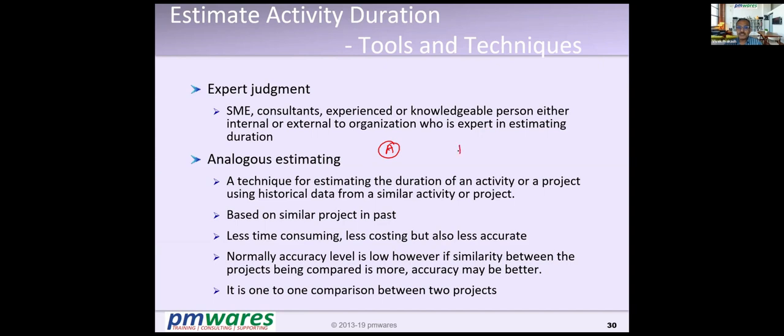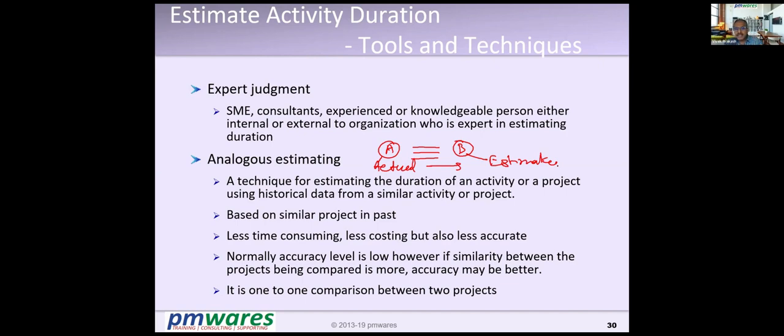I have another project B which I am going to do, and they are quite similar. So what happened in A as actual, I will use to estimate B. It may not be the same, but I will use it as a base to estimate for B.